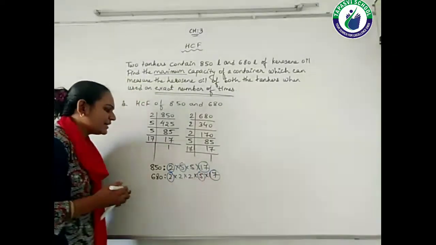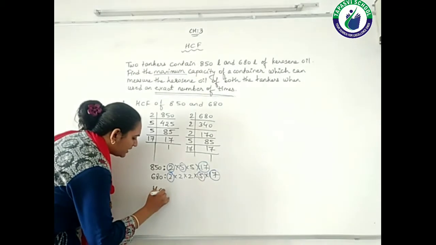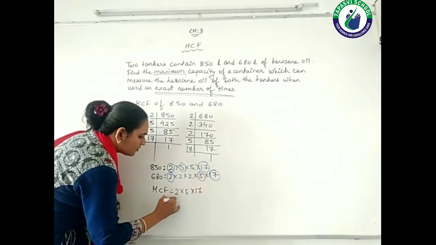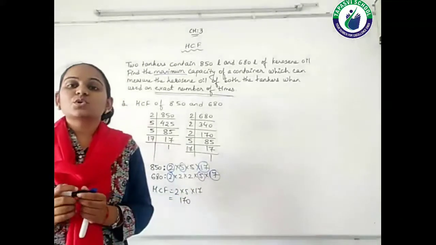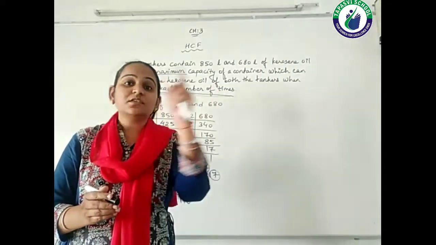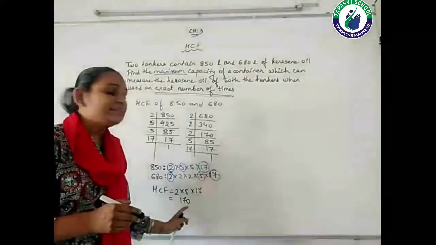We don't have anything else as common. So if I multiply them, 2 into 5 into 17, 2 5s are 10 and 10 17s are 170, students. So the maximum capacity of the container which can measure these two tankers' oil is 170 liters.